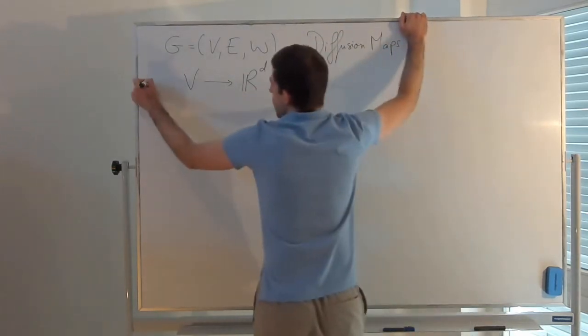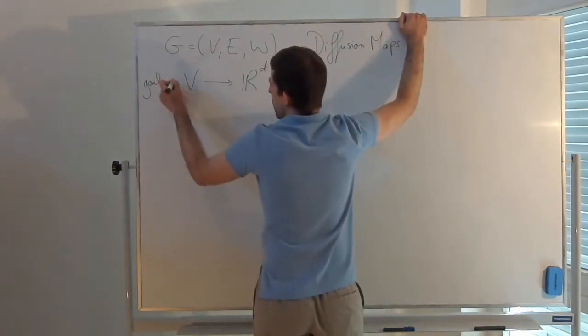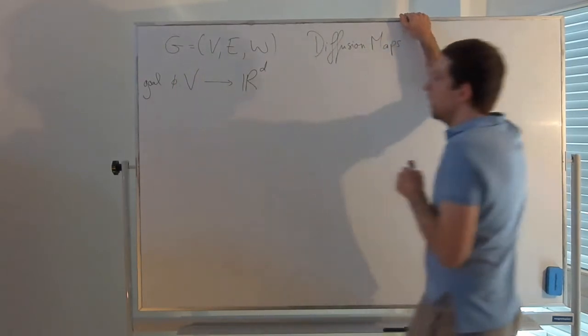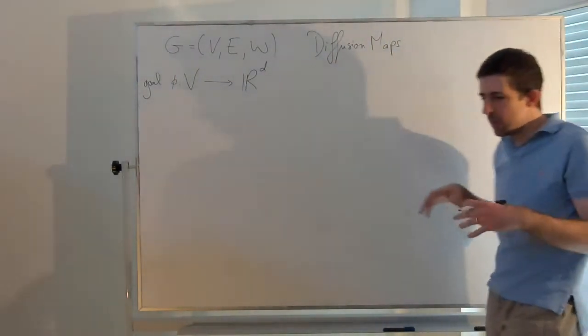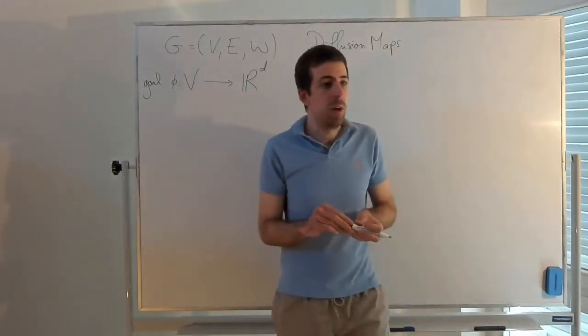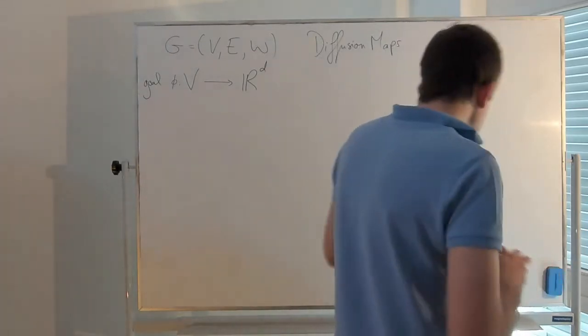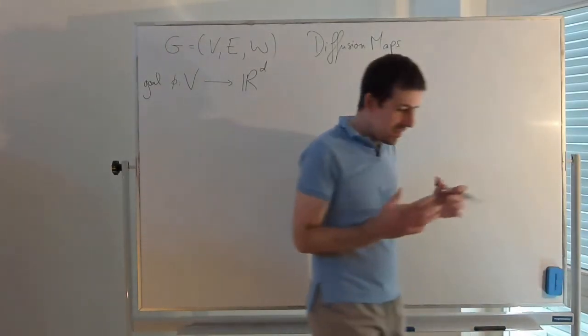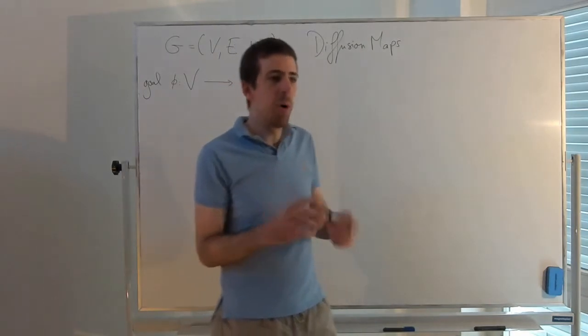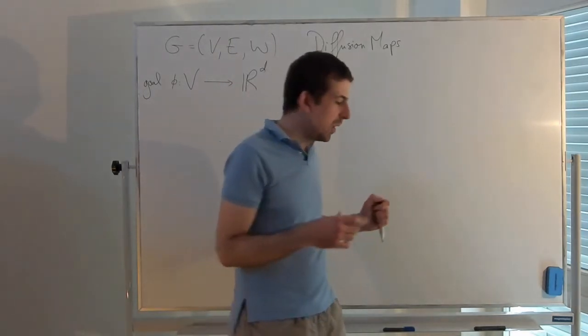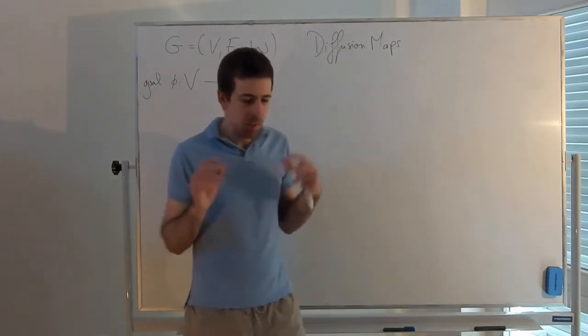So the goal is to build some map, say phi, that takes the vertices into R^d and somehow captures the structure of the graph. Now, there have already been some hints that this may be possible, because remember what we did in spectral clustering.